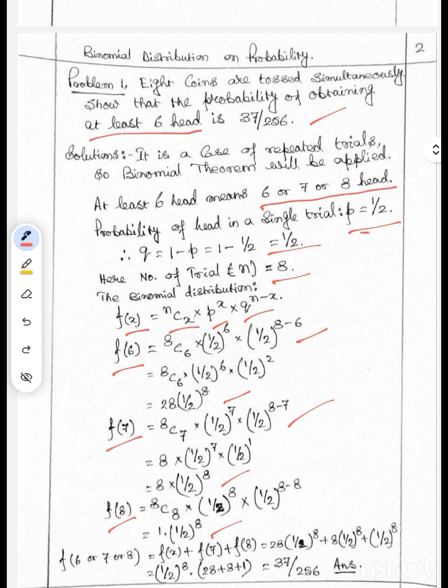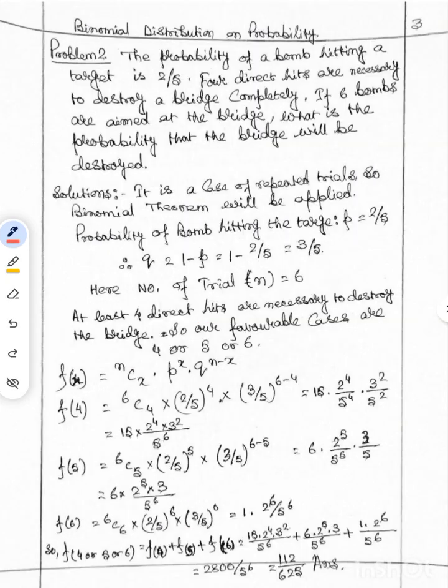Then we have to add the probabilities. Probability of 6 plus probability of 7 plus probability of 8 equal to 28 into half to the power 8 plus 8 into half to the power 8 plus half to the power 8. It becomes 37 by 256. It is proved.